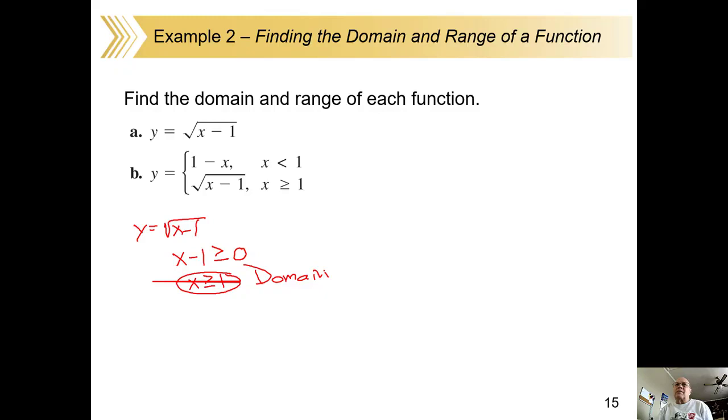The second one is a little, well, let's take the range while we're at it. What numbers could you expect to get? What numbers would you get out of this?